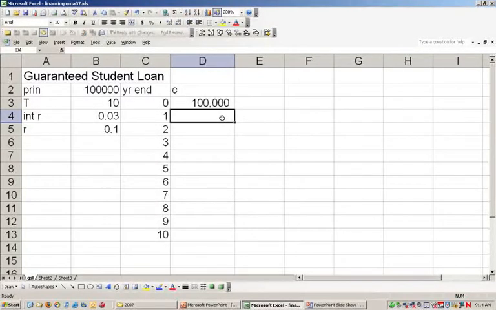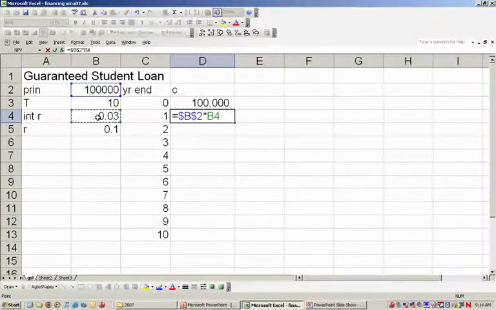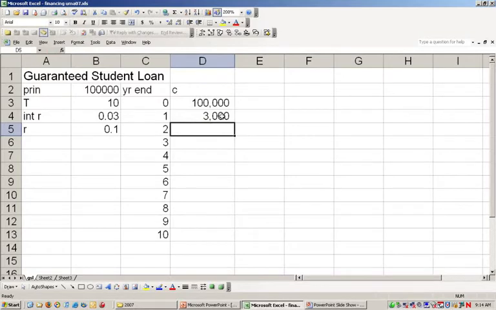So let's set up an equation for the interest in year 1. It's going to be equal to the loan principal. I'm going to lock that cell reference times the interest rate. I'm going to lock that cell reference, and we have our first year interest expense.